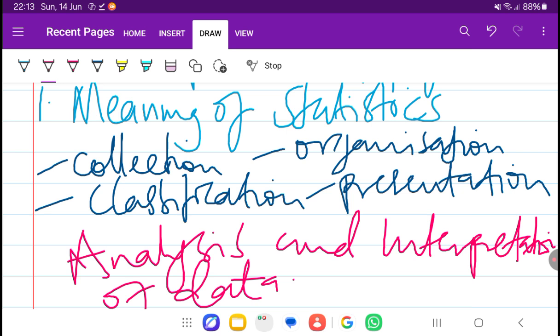So we need to be able to understand the definition of statistics when we have included all these aspects, because we need to incorporate all these items to understand what we mean by collection of data, presentation, organization, or analysis of data.